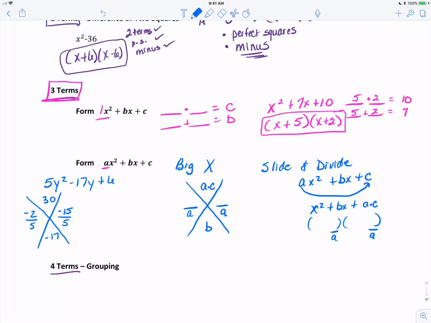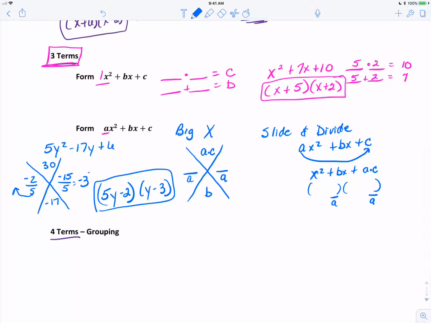And then we would write our binomials. It doesn't reduce, so that one moves to the front. So 5y minus 2. This one reduces to a negative 3, so y minus 3 for this one. So that would be using that big X method.